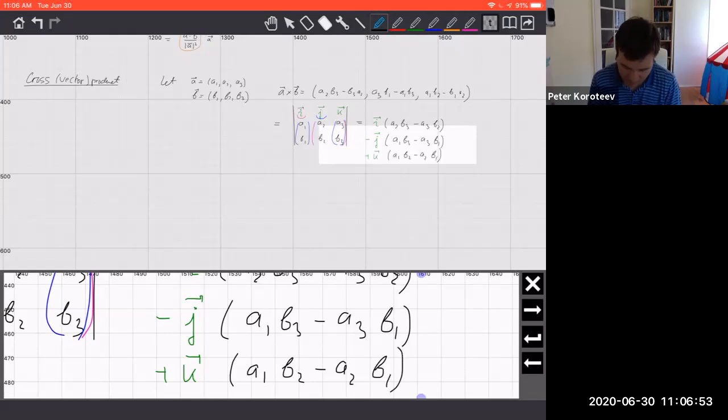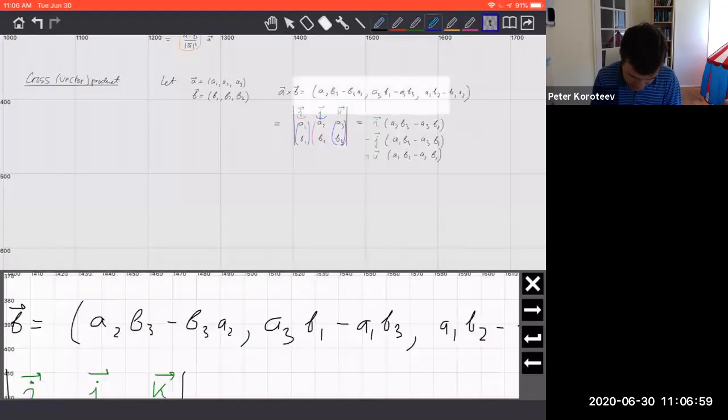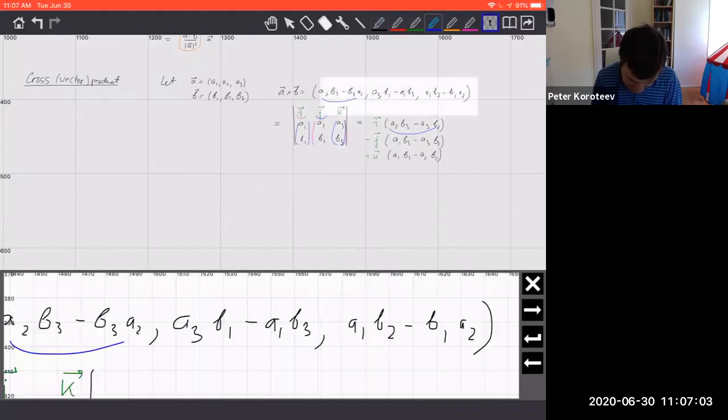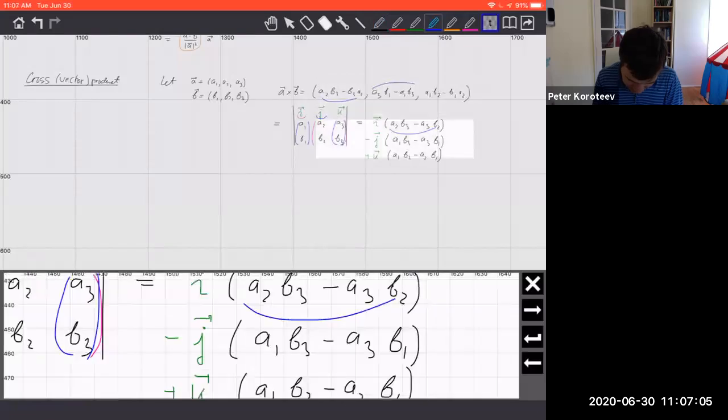And now you want to compare this formula with the above. This is the first component, right? This is the second component with a minus, right? So there's a minus here.